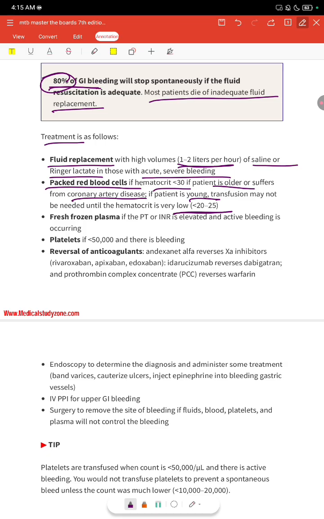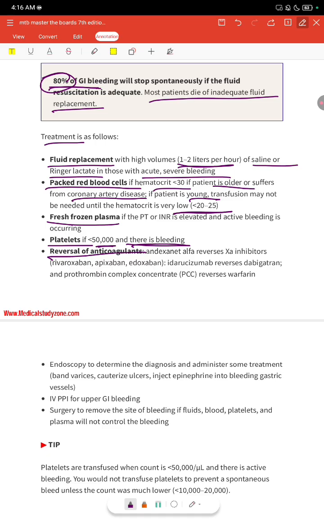And if the patient is young and the hematocrit is less than 20 to 25, then go for packed RBCs. Fresh frozen plasma: if the PT or INR is elevated and active bleeding is occurring, go for FFP. Platelets: if less than 50,000 and there is bleeding along with it, then go for platelets.